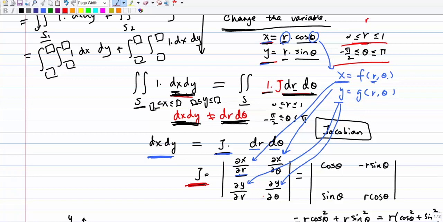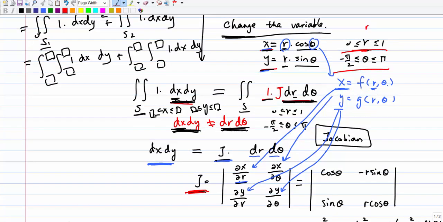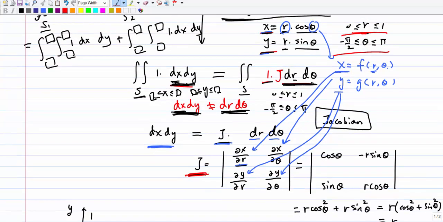Since we already have this relationship, the function of x in terms of r and theta, and the function of y in terms of r and theta, we can calculate these partial derivatives. Because x is r times cosine theta, partial x over partial r is just cosine theta, and similarly you compute all these numbers.